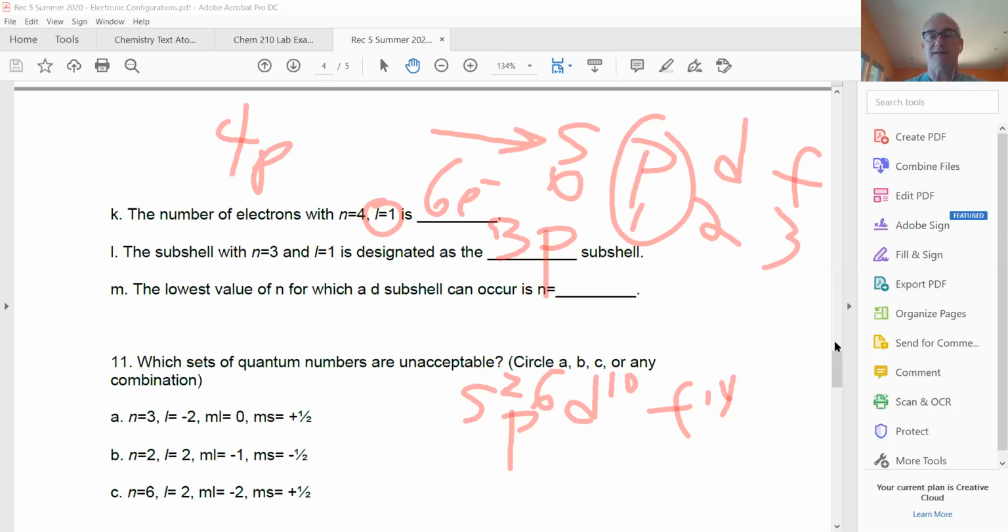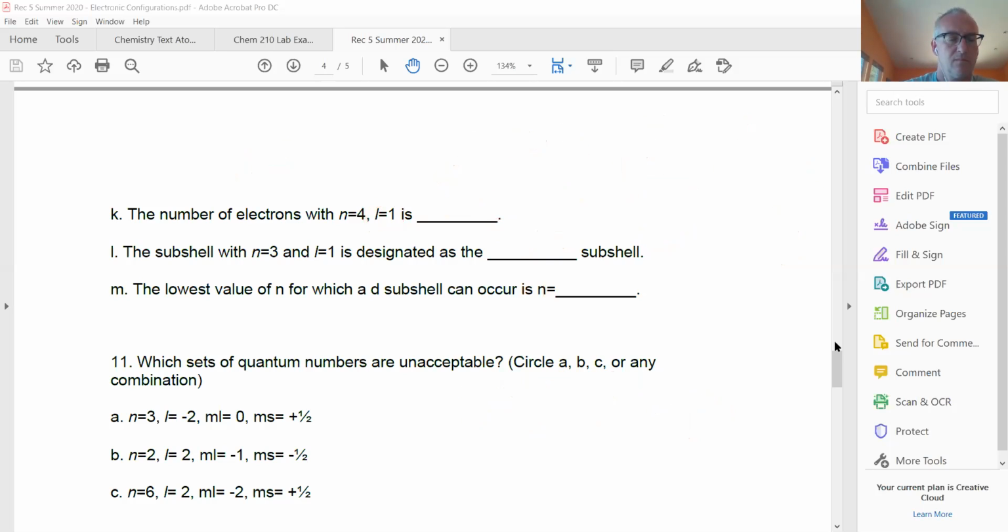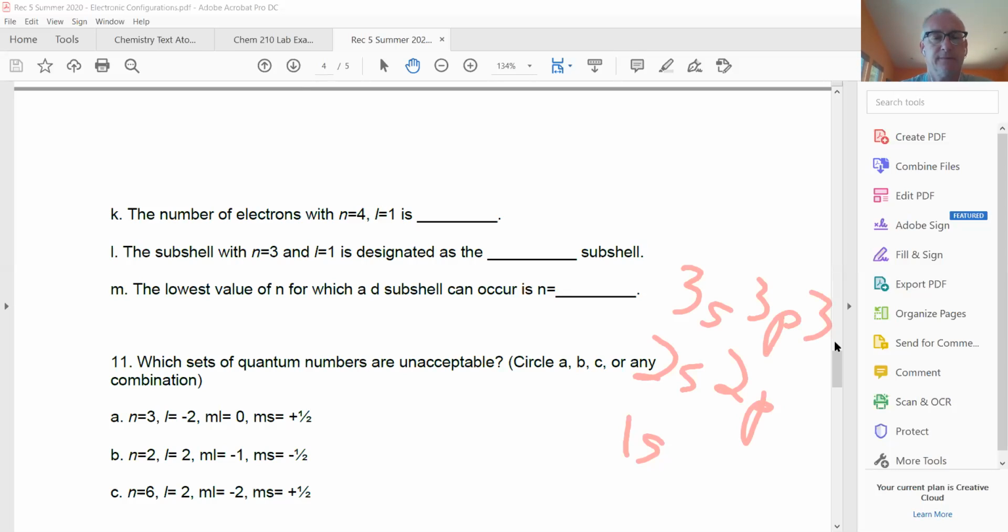We start with S. With 1, I have S. With 2, I have S and P. With 3, I have S, P, and something else.